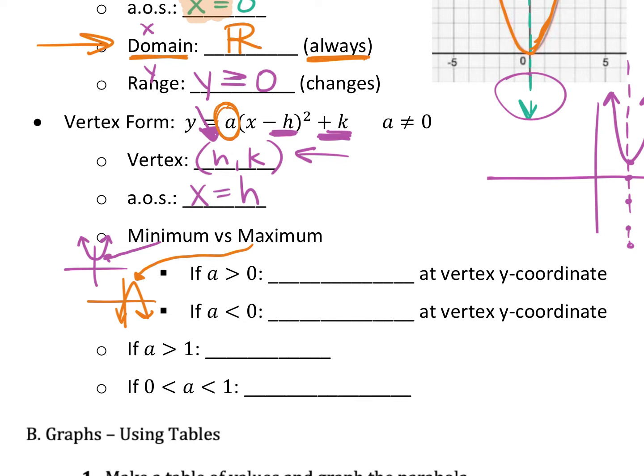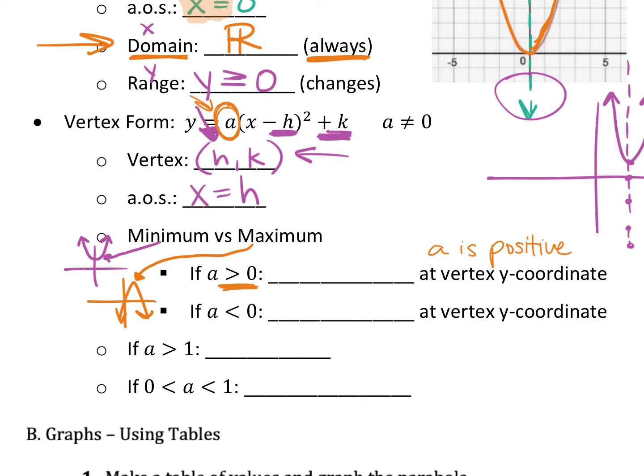So if that A value, if that value out in front is greater than 0, meaning if A is positive, what way is your parabola opening when this number is positive? Does it open up or down? It opens up. So if it's opening up, do you have a maximum or a minimum? A minimum.